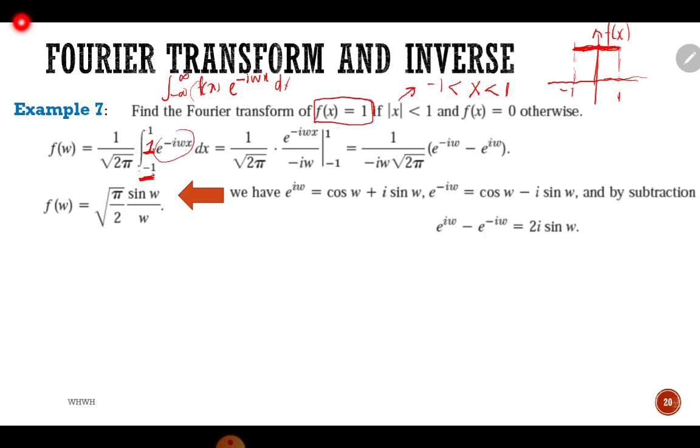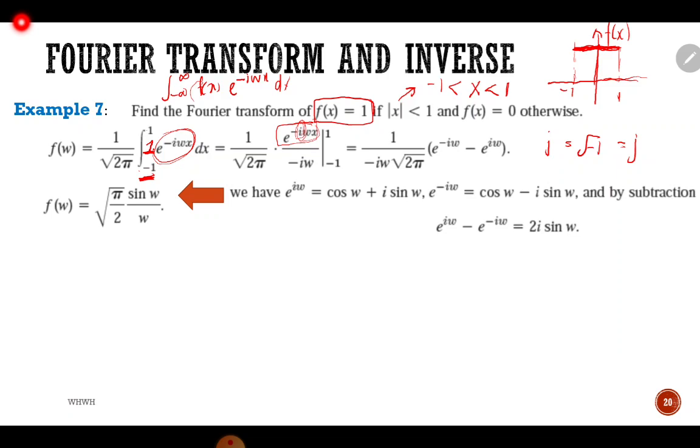Bear in mind, to integrate an exponential function, we get back the exponential function, then divide by the derivative of the power here, so negative i omega. Okay, what is this i actually? I forgot to introduce to you. This i is the same as the imaginary unit, i equals square root of negative 1, or sometimes we use j, same thing.